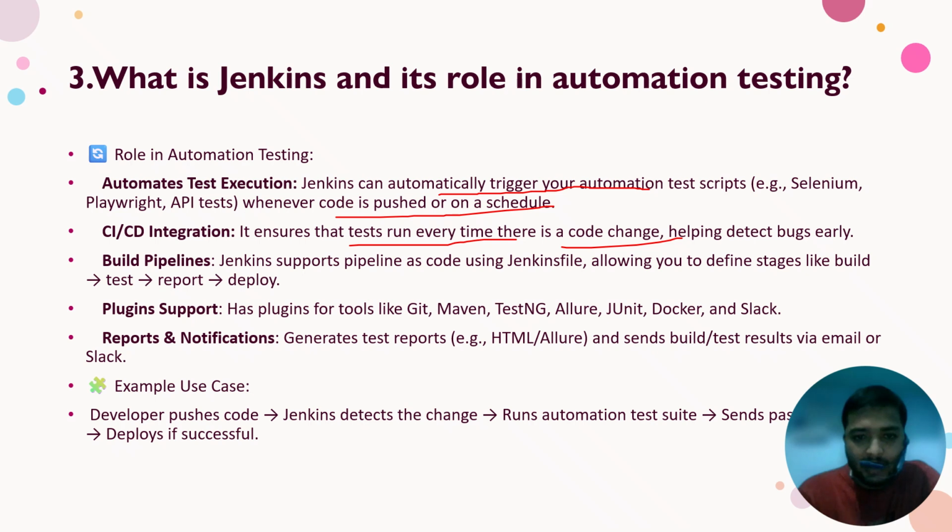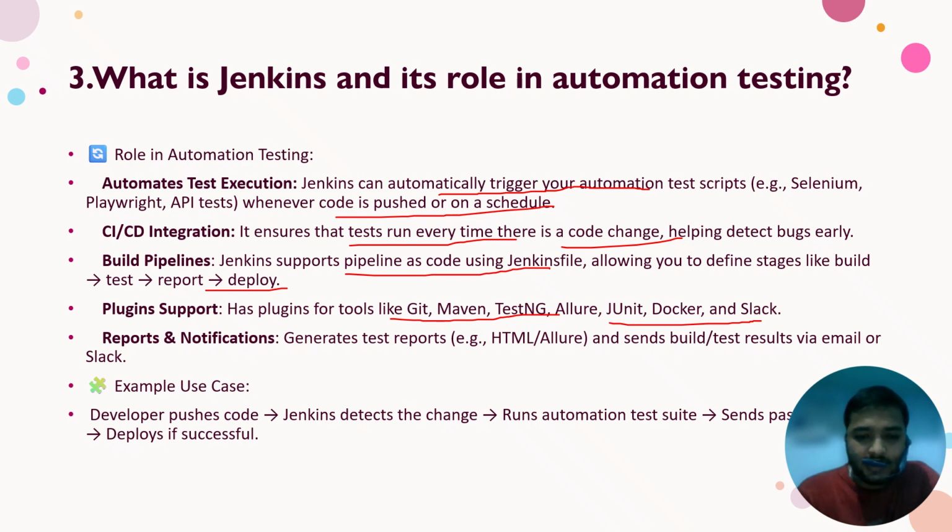Jenkins supports pipeline as code using Jenkinsfiles, allowing you to define stages like build, test, and reports after the deployment. Plugin support: it has plugins for tools like Git, Maven, TestNG, Allure, JUnit, Docker, and Slack.